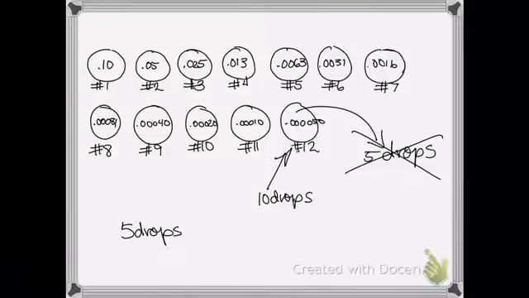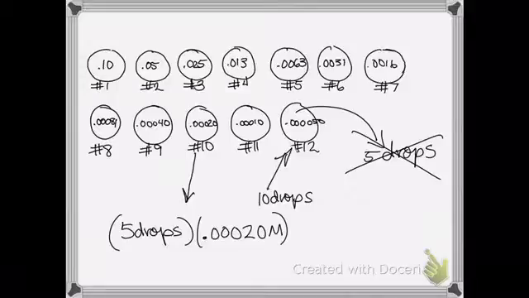And let's just look at, for example, well plate number 10. In well plate number 10, you have 5 drops of approximately 0.00020 molar calcium nitrate. And what they want you to do now that you have all of your dilutions done is add to each one of these wells 5 drops of the sodium hydroxide.